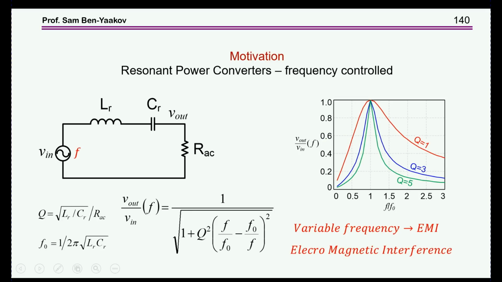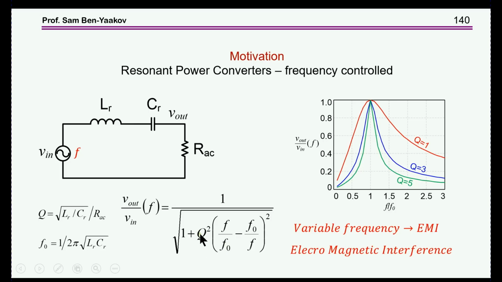Now, if we look at a resonant circuit like this, we have a resonant element, L sub R and C sub R. This represents the load. So this is a series resonant circuit, and we know that the transfer function between the input and the output is a function that can be expressed in a neat way like this.